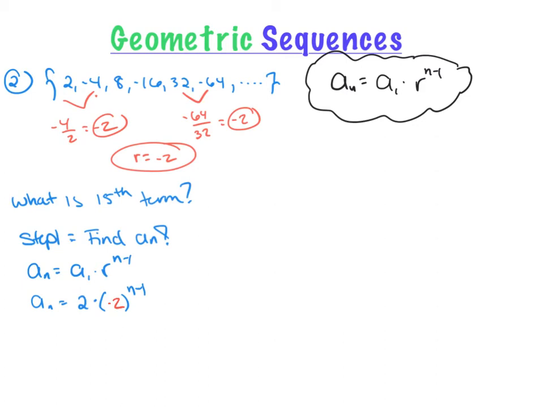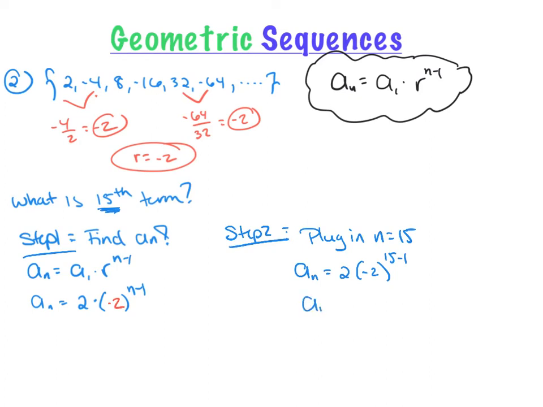If the question is asking for a specific term, then in step 2, all we do is plug in n equals 15 into our formula. So a sub n is equal to 2 times negative 2 to the 15 minus 1, which would be 2 times negative 2 to the 14th. Remember, do your exponent part first and then multiply by 2 later.